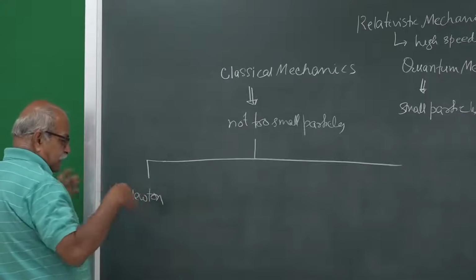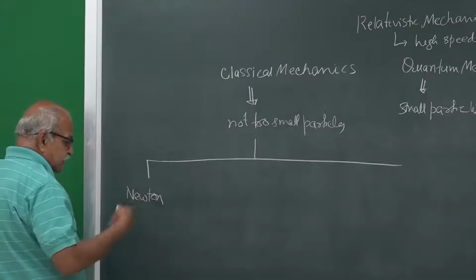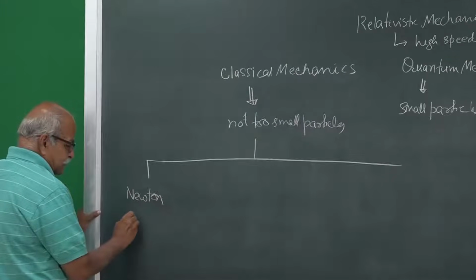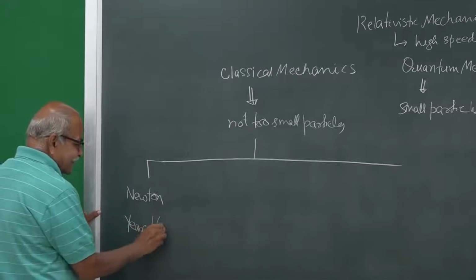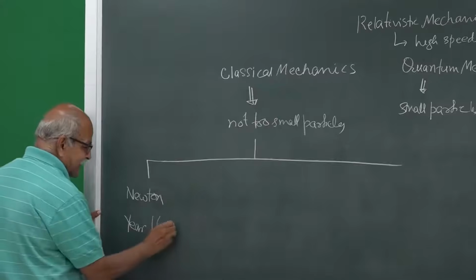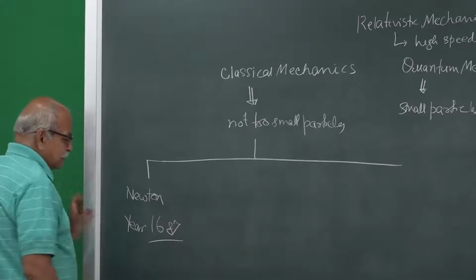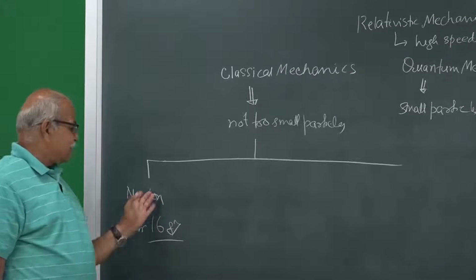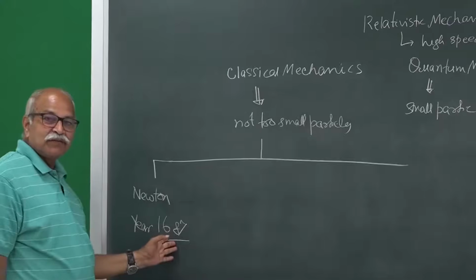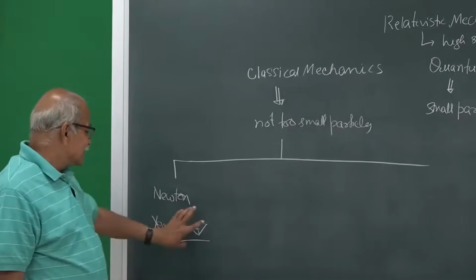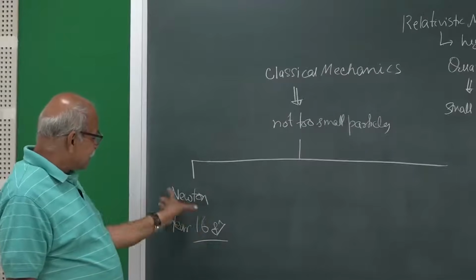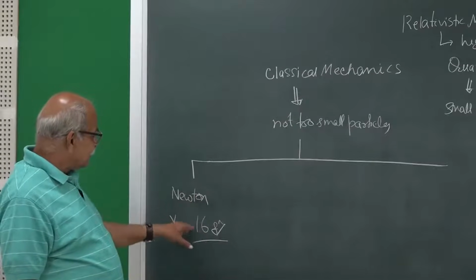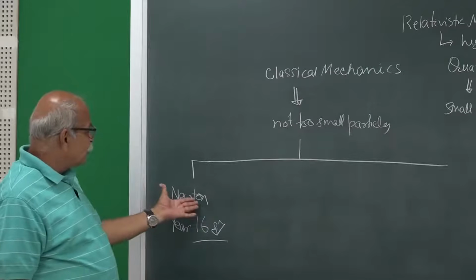This was in the 17th century, around the year 1687, perhaps the year when Newton published the mechanics book Principia. So, this is the later half of the 17th century, the period when Newton formulated this. We call it Newtonian mechanics.